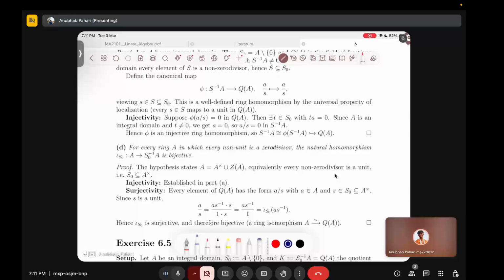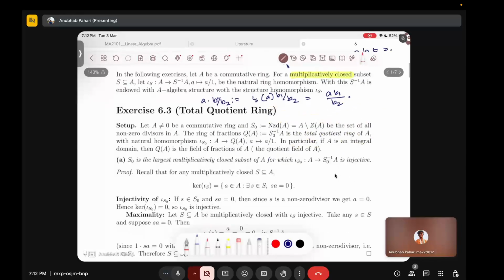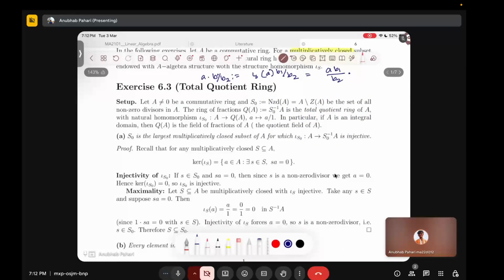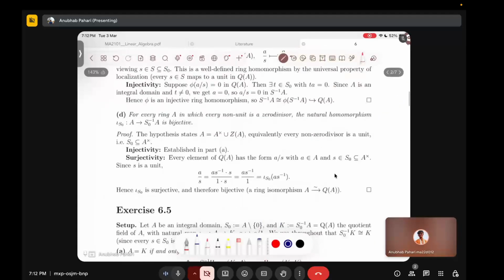The hypothesis states that A equals A cross union Z(A), which are disjoint sets, and equivalently every non-zero divisor is a unit, that is S0 is contained in A cross. So for injectivity you can clearly check part a, which says that S0 is the largest multiplicatively closed set, and A to S0 inverse A is an injective map.